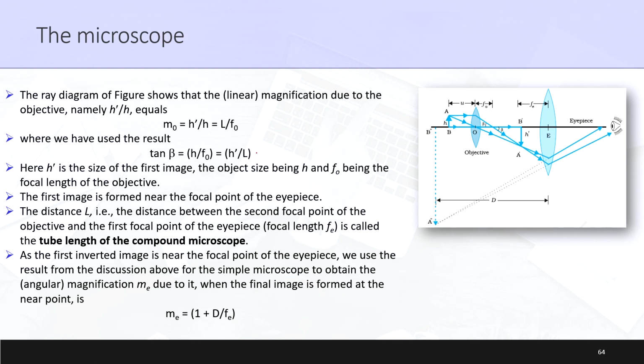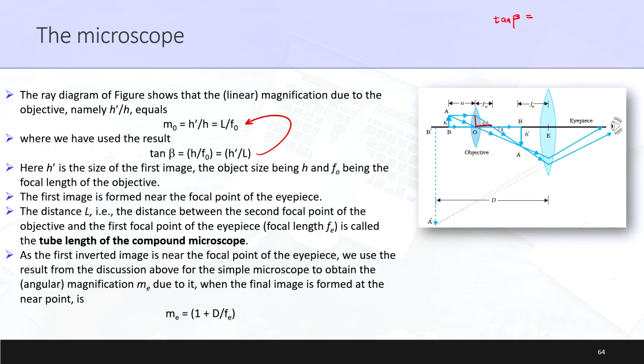So how was this derived? From these calculations you can find that tan beta is equal to h by f naught. For this triangle here, this height is h and this is f naught, hence this is equal to h by f naught.